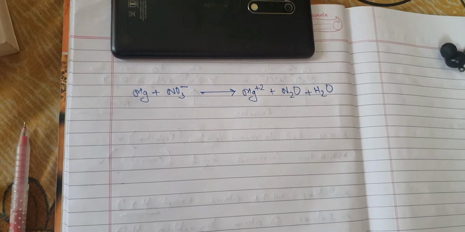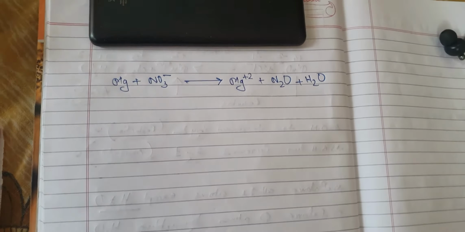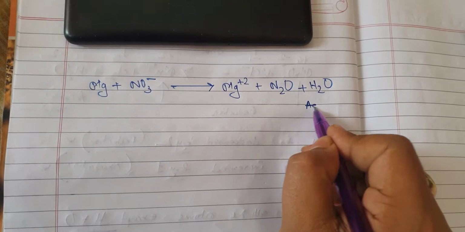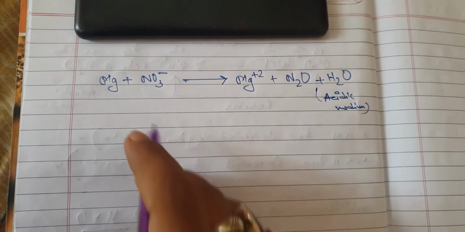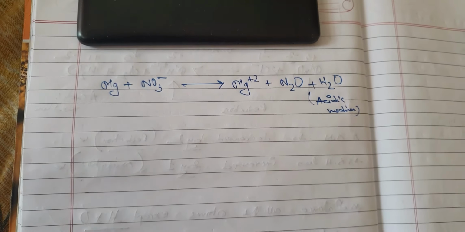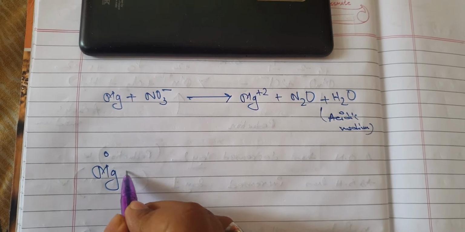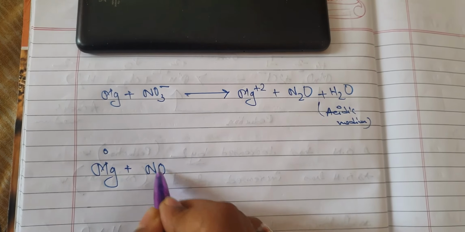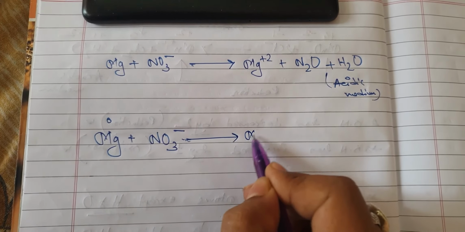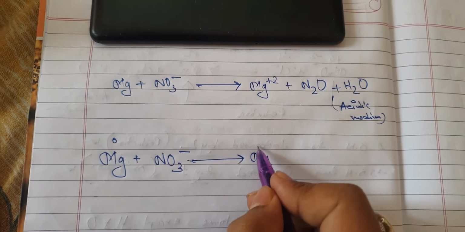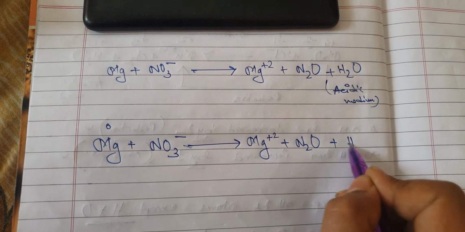And the reaction is going on in the acidic medium. Now, oxidation number method, at first what you have to do? Mg 0 plus NO3 minus gives Mg plus 2 plus N2O plus H2O.